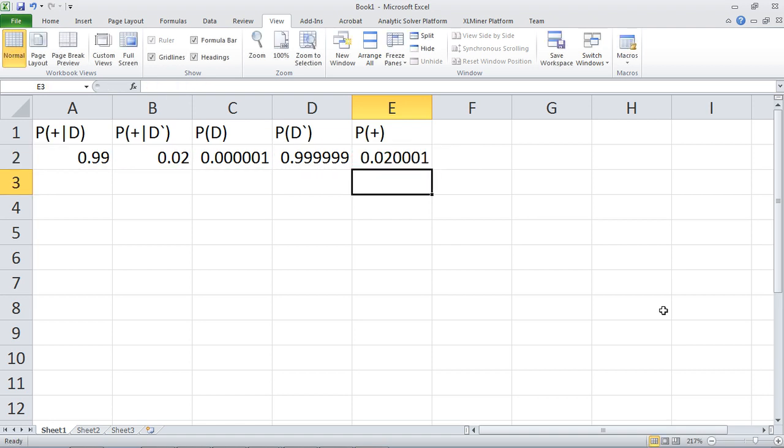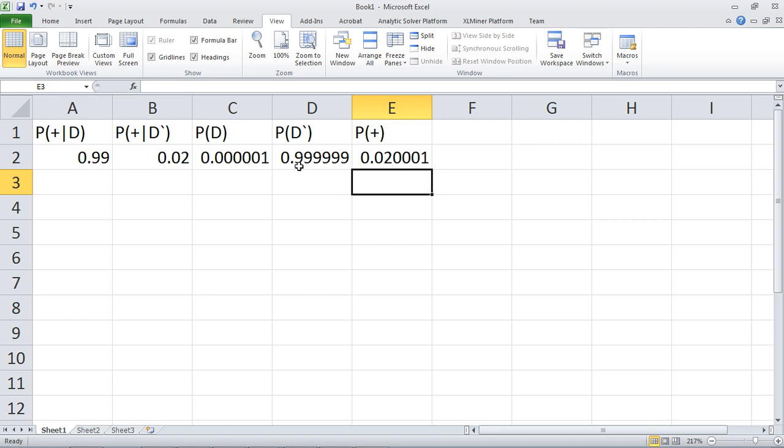So the probability of a positive test result is just about 2%, which makes sense because we're saying that we have a 2% probability of a positive test result given that you don't have the disease. And the probability that you don't have the disease is almost 1. It's 99.999999%.